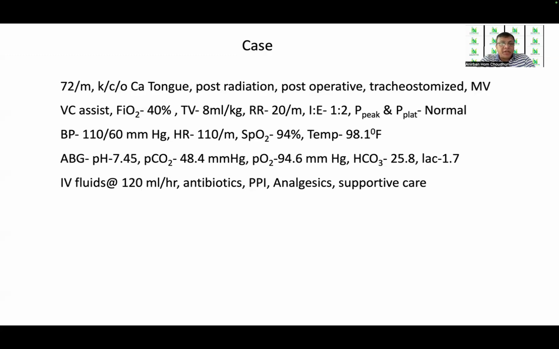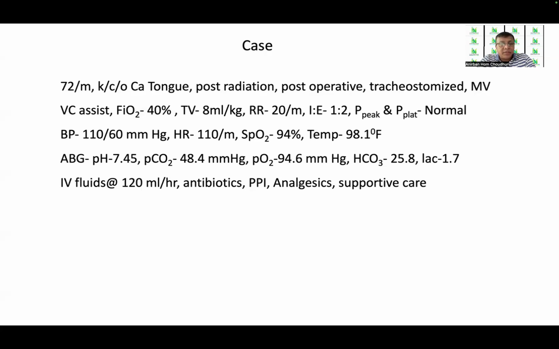The patient is hemodynamically stable with mild tachycardia, almost near normal saturation on pulse oximetry, and a normal temperature. The ABG shows a pH of 7.45 with normal PCO2 and PO2, as well as normal bicarbonate.